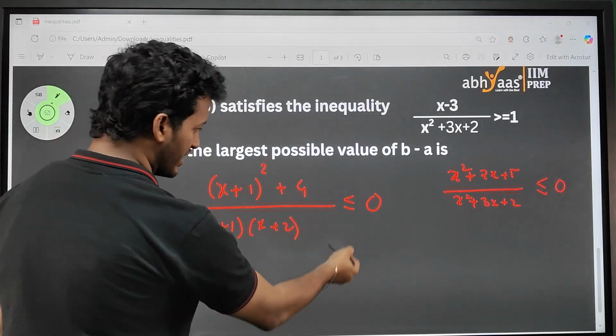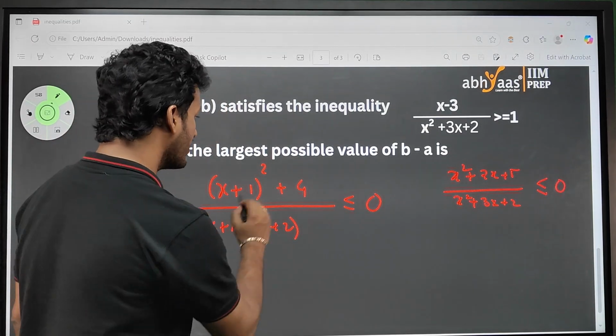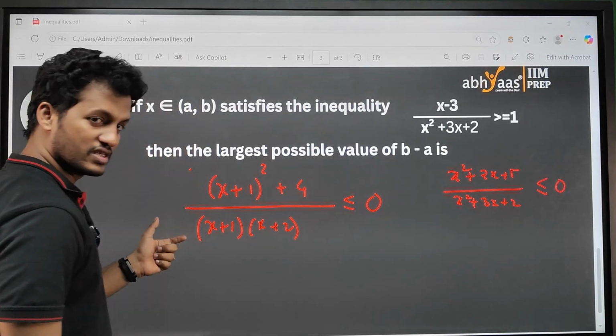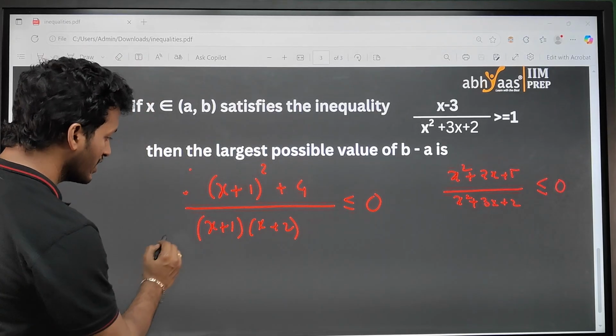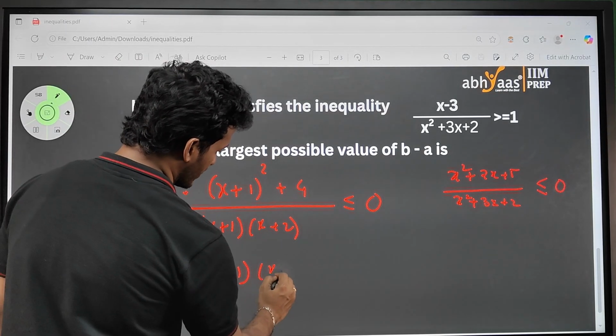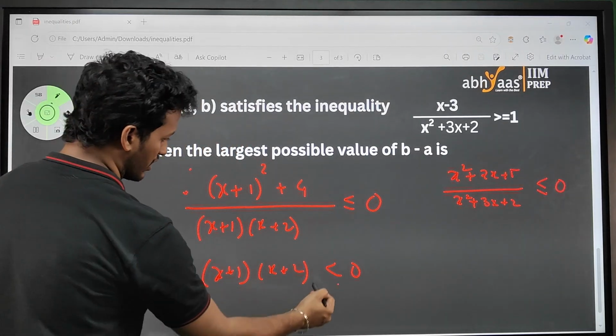This whole thing can be negative only when either this is negative or this is negative, but the numerator cannot be negative. There is only one way, that the denominator is negative. That means x plus 1 into x plus 2 has to be less than 0, or equal to 0.